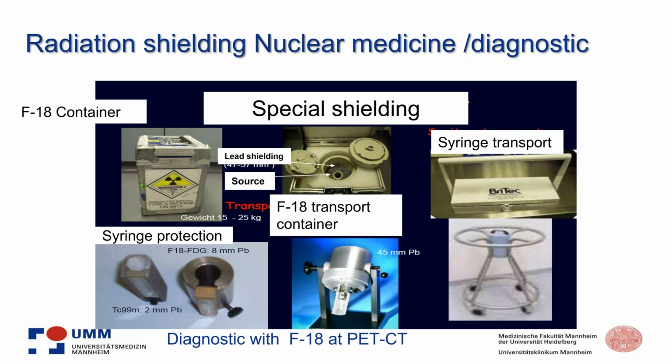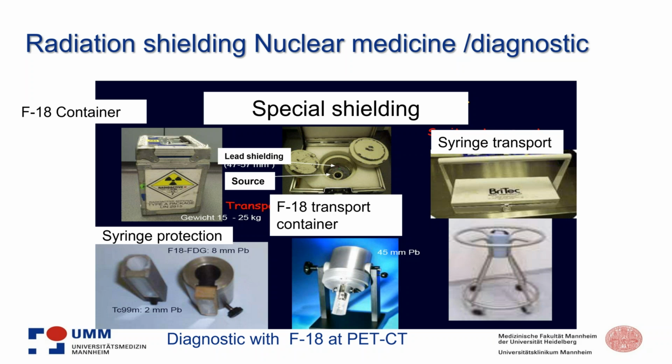You have to shield these needed devices before you inject the whole isotope into the patient. And you see here are very special transport mechanisms, and in the lower left corner you see the difference in terms of the higher energy of fluor 18, for the radiation protection of the syringe.